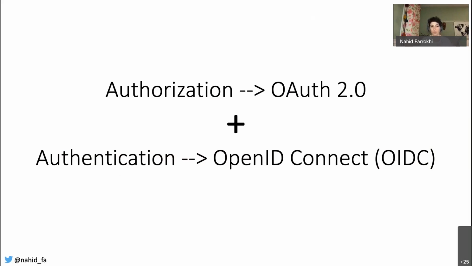If you're interested to know, OAuth 2 is being developed by the OAuth working group of the IETF, the Internet Engineering Task Force, but the OpenID Connect specification is developed by the OpenID working group. These are two different organizations, but they are connected.